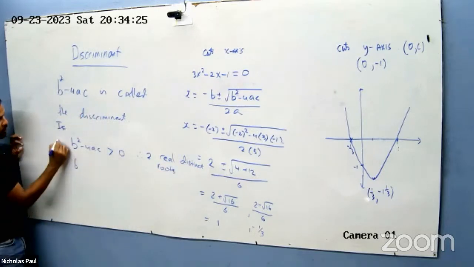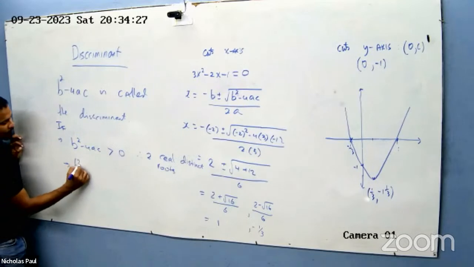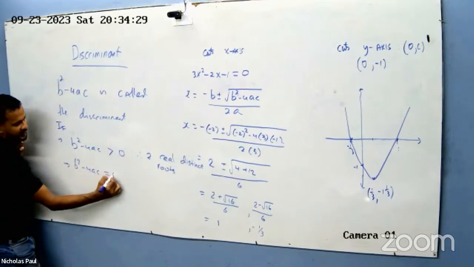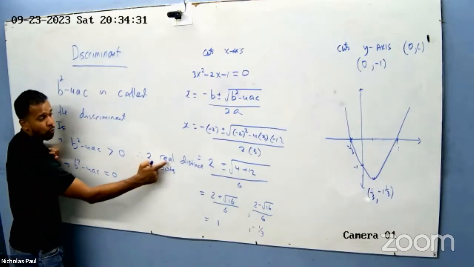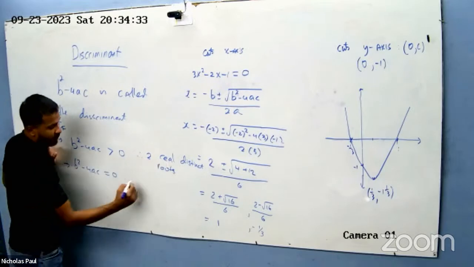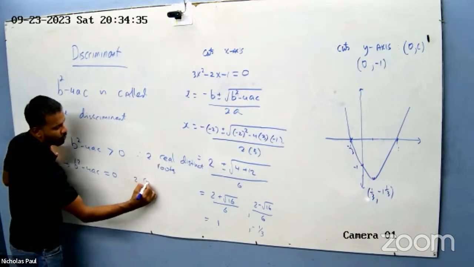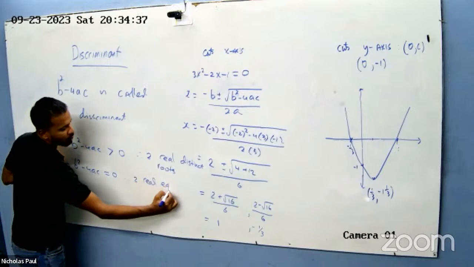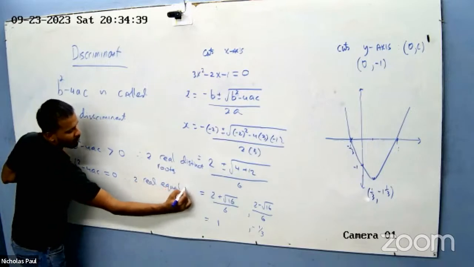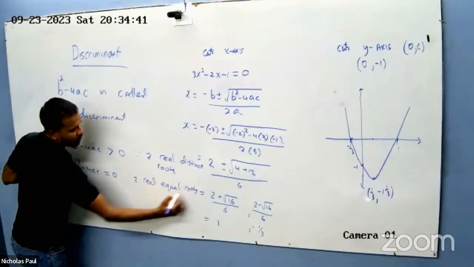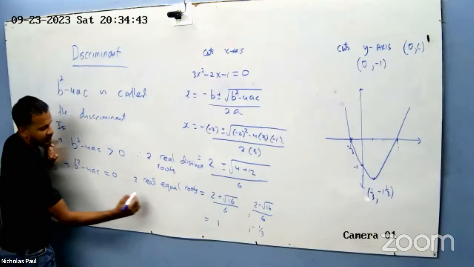If b squared minus 4ac is equal to 0, we have 2 real equal roots, or technically one root.